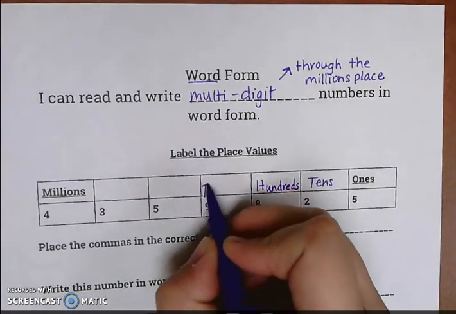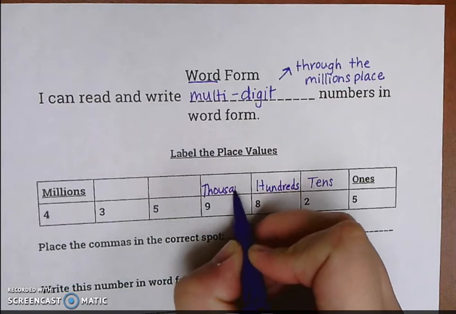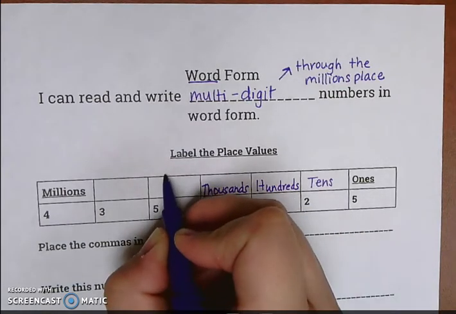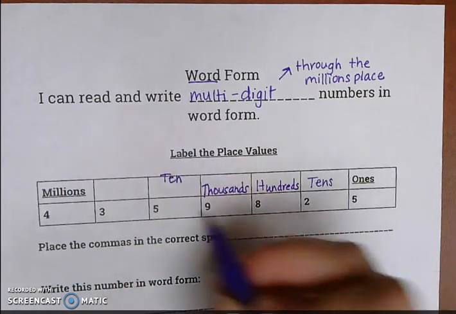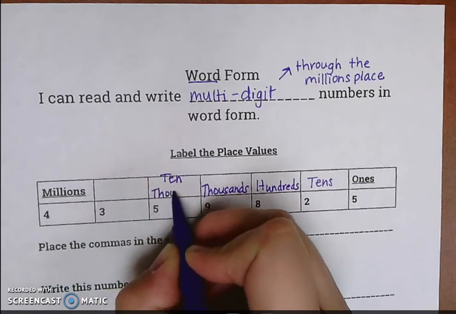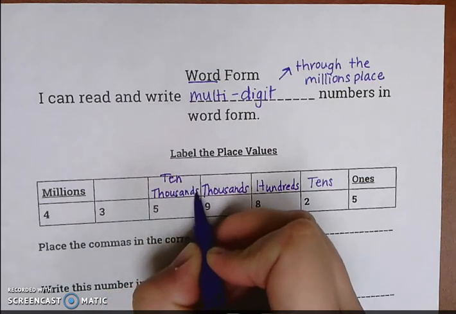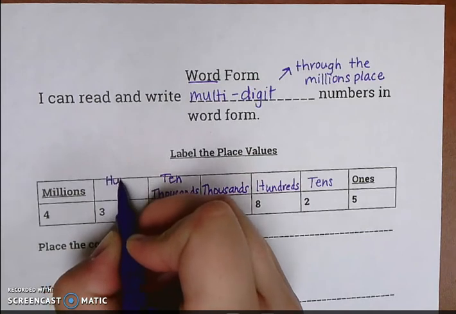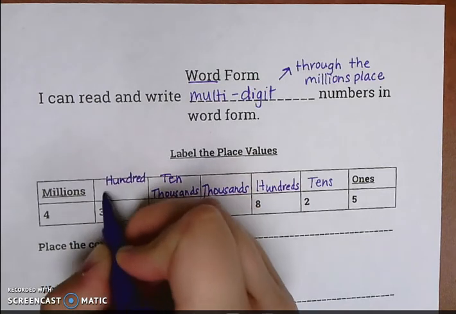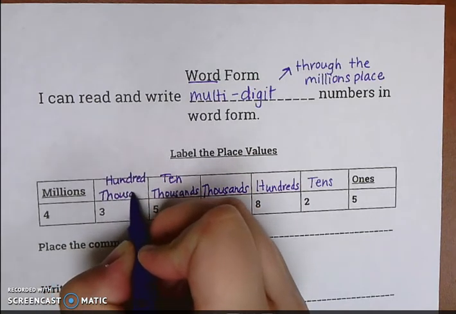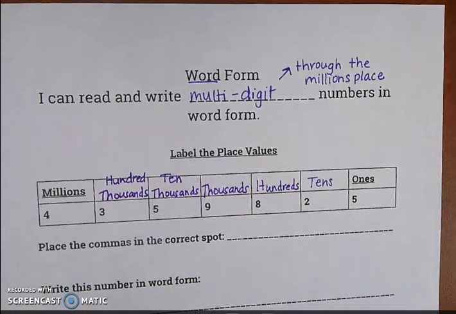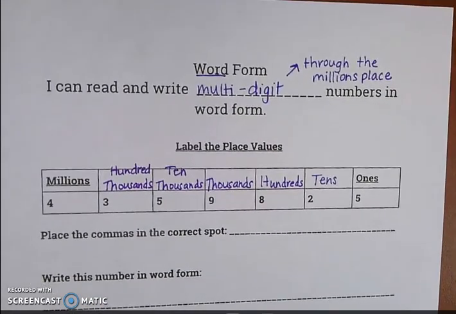After hundreds comes thousands. Then, and I'm going to have to write smaller because I've got to do 10 thousands, and then 100 thousands. And write smaller there and clearly so we know what our place values are.